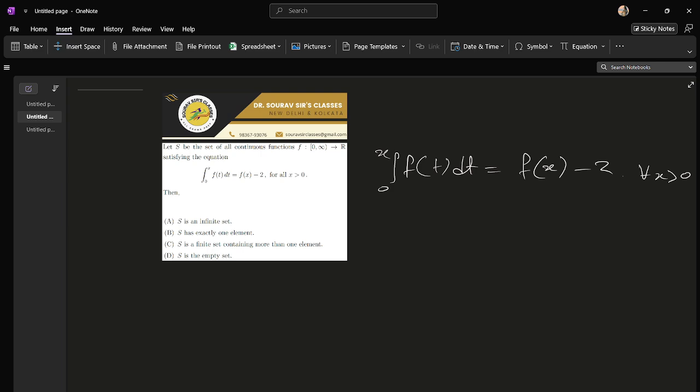Now we need to analyze the set S of all continuous functions from [0, infinity) to R that satisfy this equation. So we are going to differentiate both sides with respect to x.